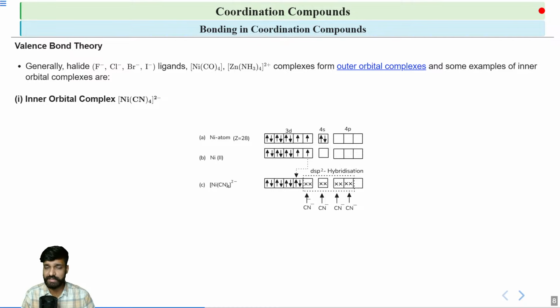Anyone who has a doubt in this? So you can comment your doubt in the comment section. So can you tell me what is the magnetic moment of the given complex? If this is your [Ni(CN)4]2- complex, then what is the magnetic moment?